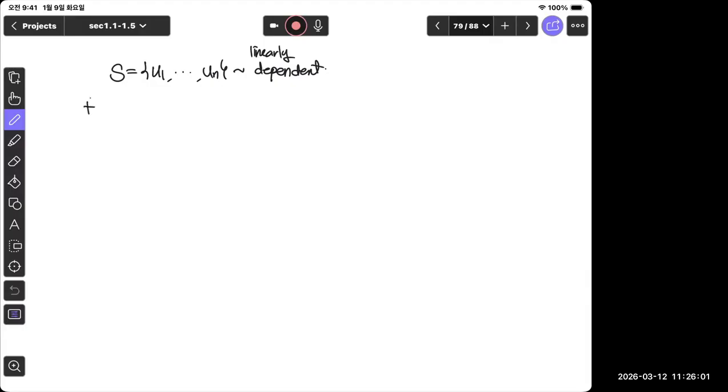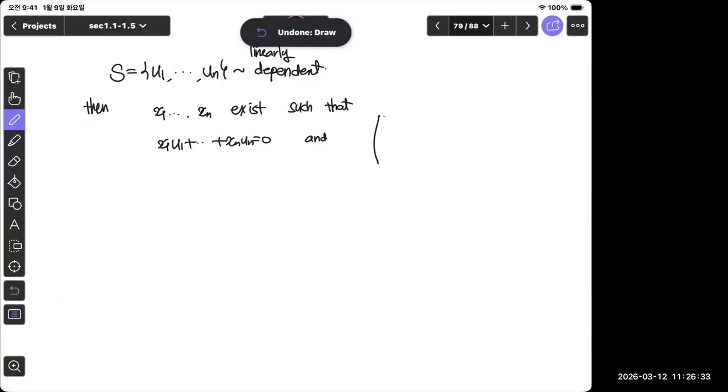Then that means some x1 up to xn exist, such that x1 u1 up to xn un is 0, and at least one of the numbers in X is different from 0.